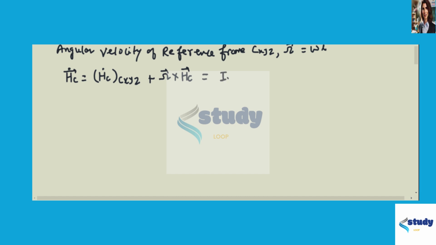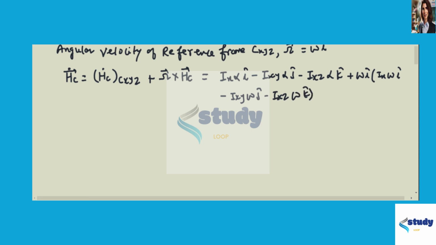It will be Ix alpha i minus Ixy alpha j minus Ixz alpha k plus omega i cross Ix omega i minus Ixy omega j minus Ixz omega k. So here it is a cross product.